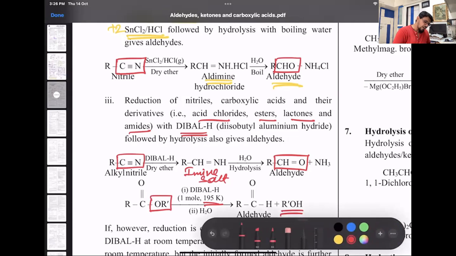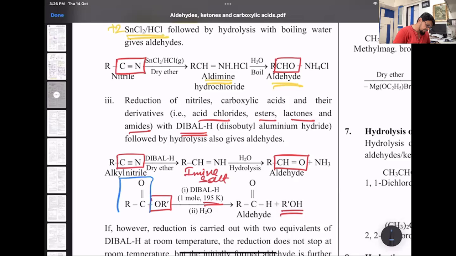And the RCO part is my acid part, so the acid part gets reduced to the respective aldehyde. This is with 1 mole of DIBAL-H. If you take 1 more mole, 2 moles of DIBAL-H, then the aldehyde will get further reduced to give you primary alcohol.